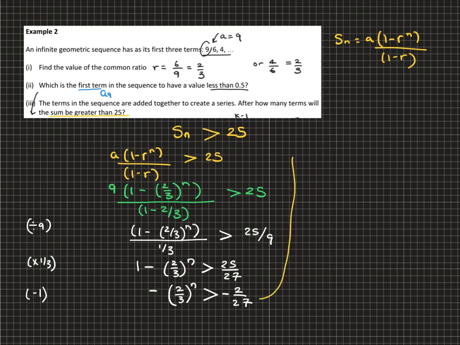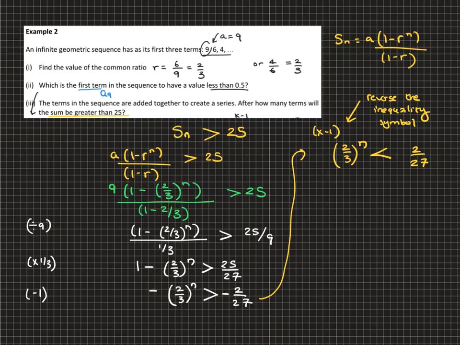So let's multiply both sides by negative 1, which of course gives me 2/3 to the power of n is less than 2 over 27. So remember, you multiply by a negative, reverse the inequality symbol. Make sure you've made a careful note about that in your notes as you go along with this.